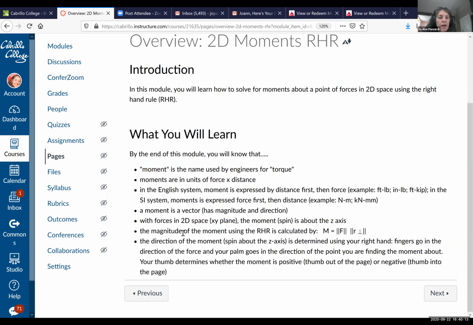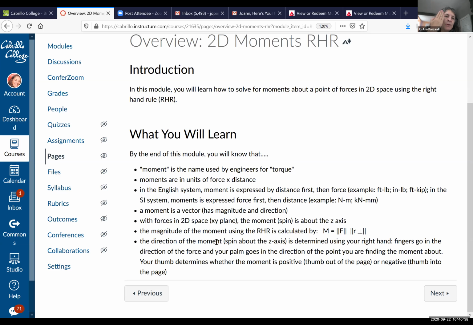So today, we are working with the right-hand rule only in 2D space. The magnitude of the moment is calculated by the absolute value of the force times the absolute value of the perpendicular distance. And the direction of the moment is with your right hand. So everybody use their right hand right now.